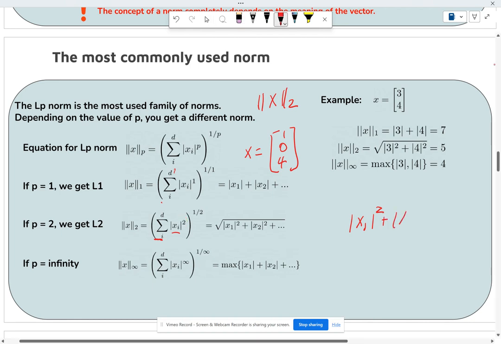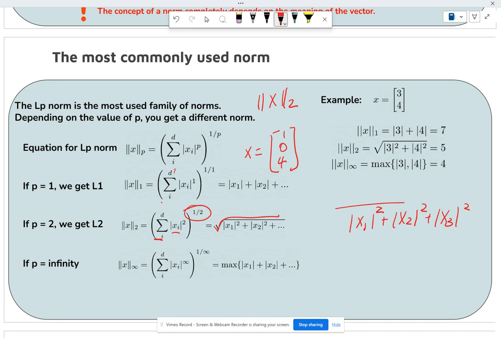Plus x2 square plus x3 square. And the whole thing is raised to the 1 over 2 power, which is just taking the square root. So we'll take the square root. And so now we plug the numbers in, which is 1 square plus 0 square plus 4 square, which is then the L2 norm. Okay?